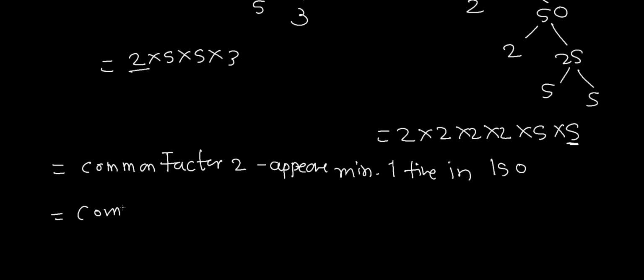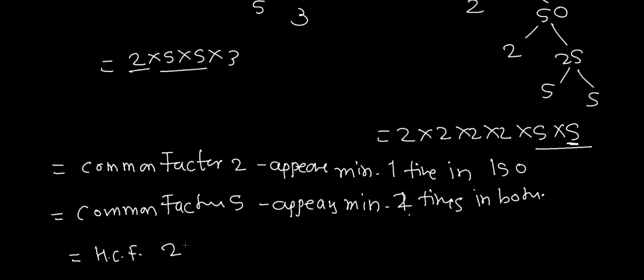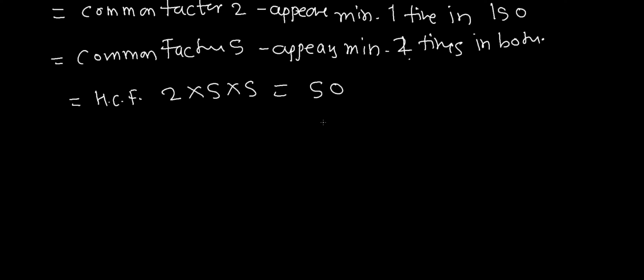Now common factor 5 appears a minimum of 2 times, here 2 times and here 2 times also. So a minimum of 2 times in both, we will consider either one. So the HCF will be 2 into 5 into 5, that is 50. So we have calculated the HCF as 50.